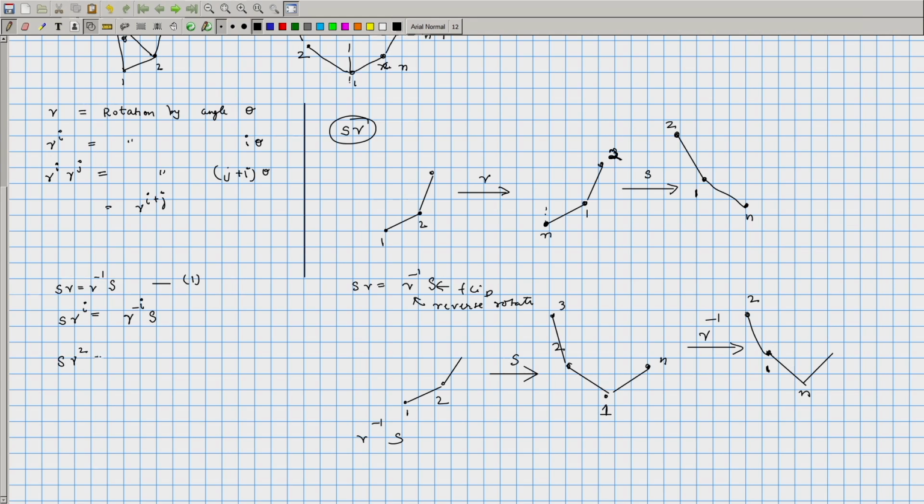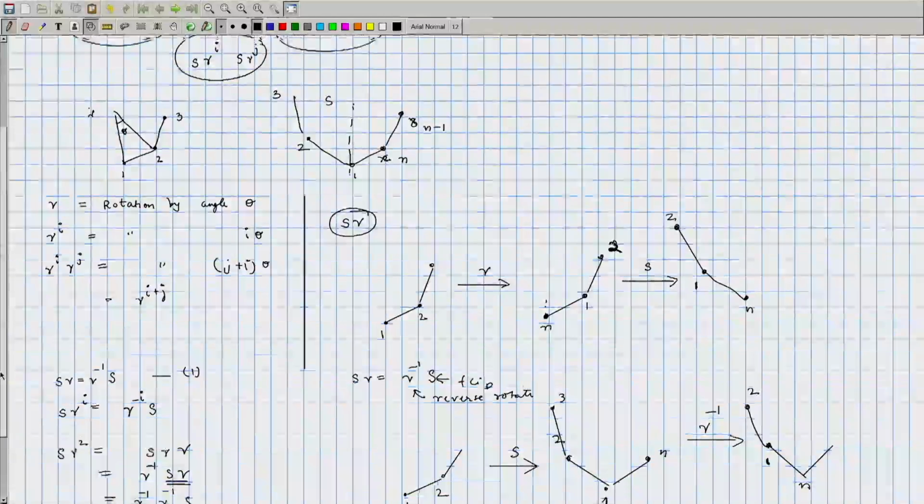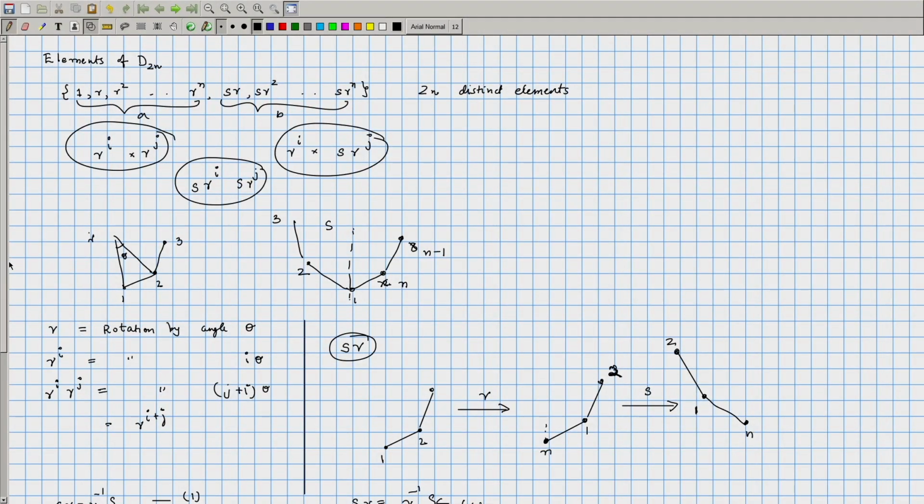If you have SR square, that is SRR, which is equal to R inverse SR, and again apply the same rule, you will get R inverse times R inverse S, that is R raised to minus 2 S. So, basically, if we have an expression which involves just the R, let us say R raised to I, R raised to J, etc., we can just do addition, and if you have an S somewhere, those S's can be propagated to one side. So, send all the S to the left side and we will get S R raised to minus I and so on.